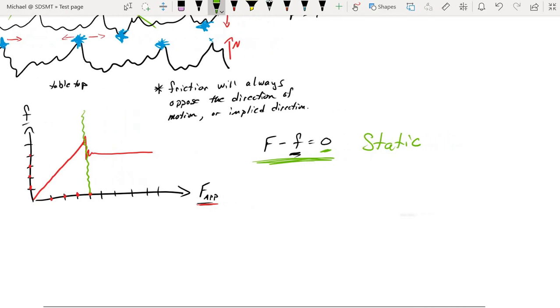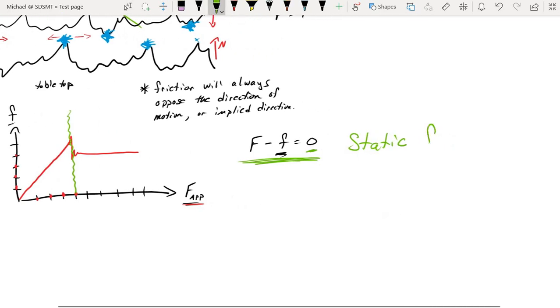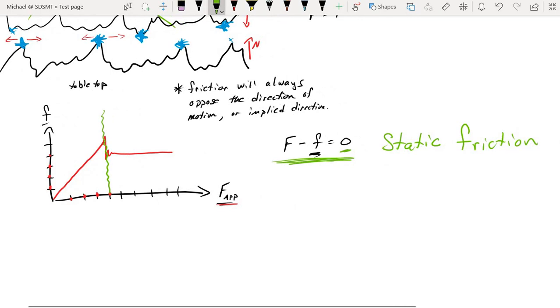Static refers to no motion. And so we apply this term static to the friction, and we say that on this side of the graph is where we have our static friction. So this is a friction that keeps our mass from moving. It's a friction that keeps the mass static.